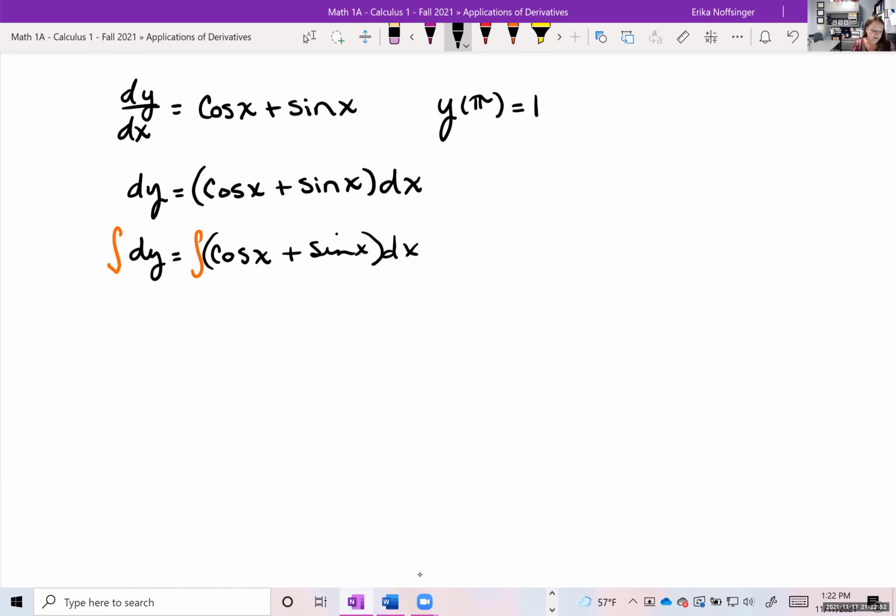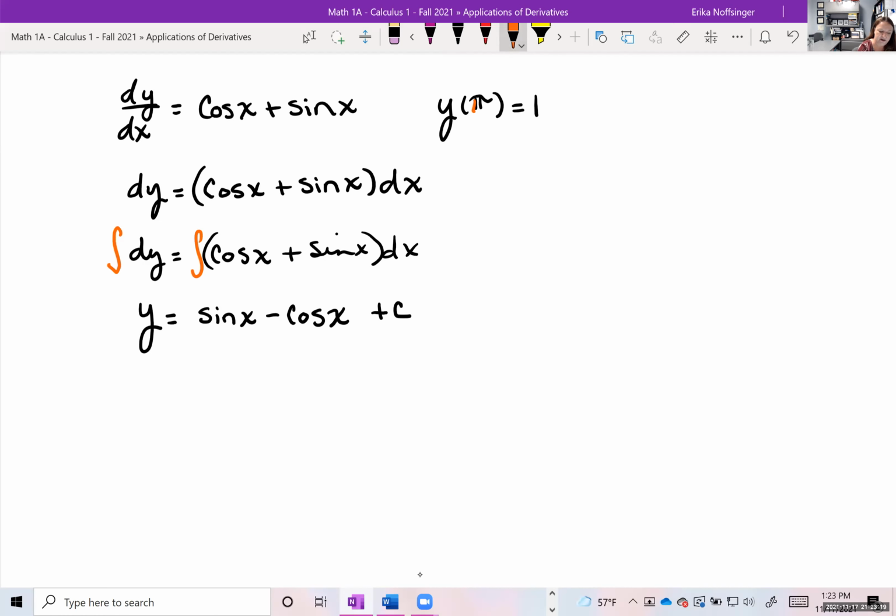So the antiderivative of 1 dy is just y, equals the antiderivative of cosine of x. So that's sine of x. The derivative of negative cosine of x gives me positive sine of x. So the antiderivative of sine of x is negative cosine of x, plus some constant c.